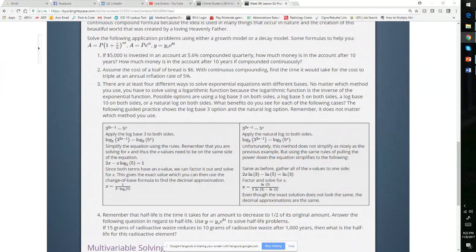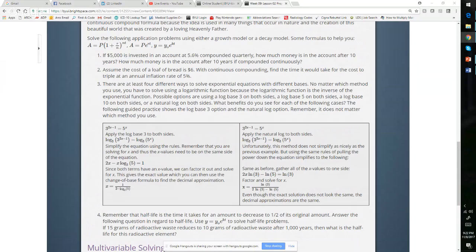Okay. The second one, loaf of bread, with continuous compounding, find the time it would take for the cost to triple at an annual inflation rate. We're basically using the same kind of setup.